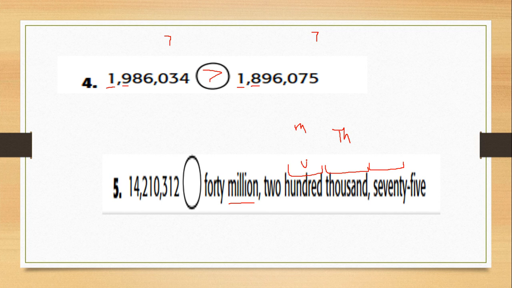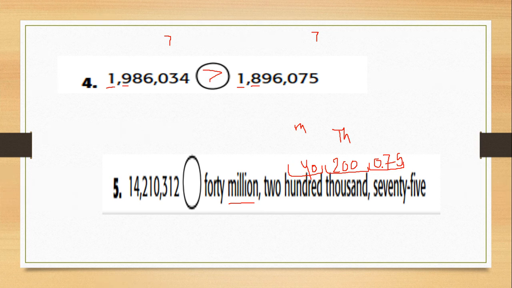Let's write 40 million. 200,000. And in the group of thousand, we will write 200. 75. Here the 75. But can we have two digits only in the first group? Of course not. So in this empty place, we need to put 0 in the hundreds place, okay?